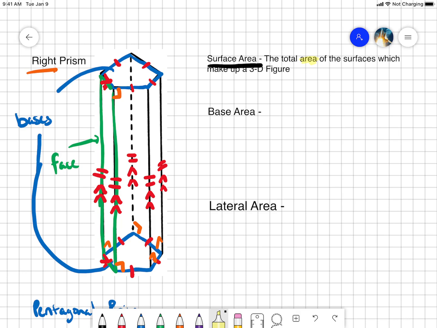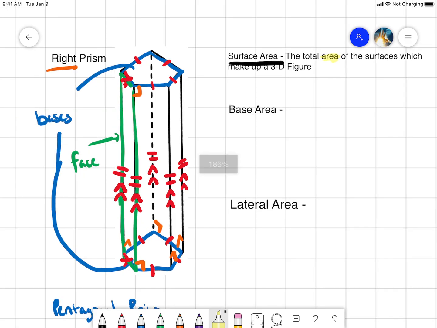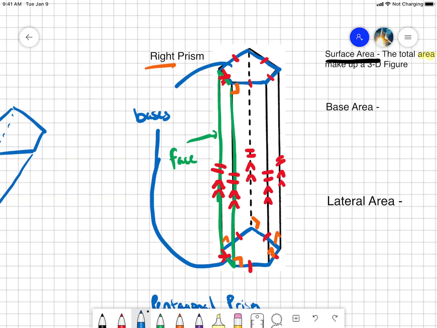Now, the reason that this is going to seem a little more conceptual than formulaic, instead of saying this is how you calculate it for all prisms, is because, yes, this is a pentagonal prism, but if I want to find the surface area of, let's say, a triangular prism, you'll see that calculating the area of my base here is going to be different than calculating the area of my base here.